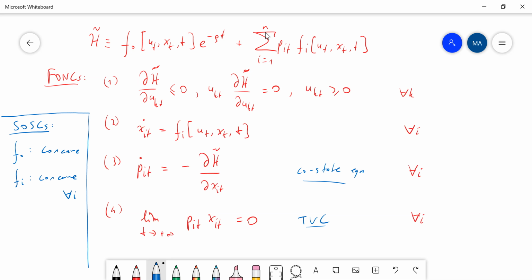This must be true for all i. Then we also have, of course, pi_it non-negative, for all i and t. Then the optimal path that satisfies the first order conditions implies the maximum.